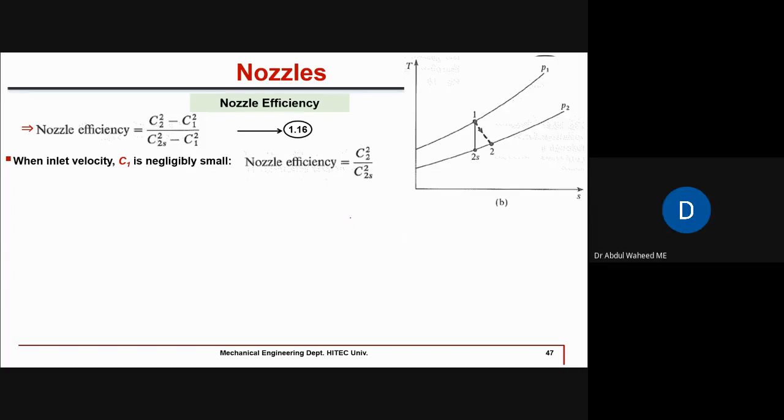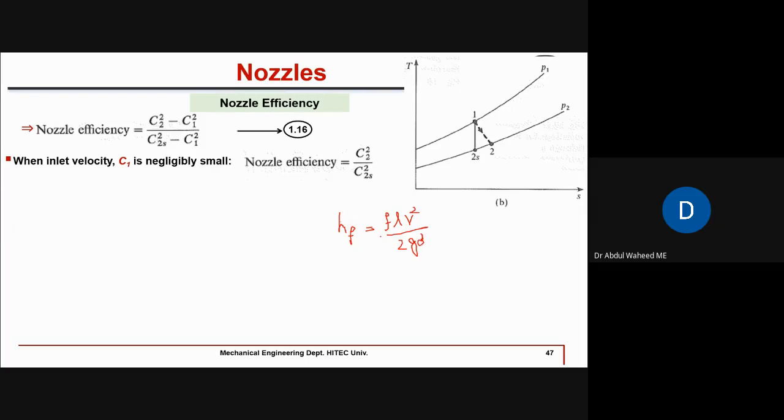Okay. There you also would have learned about Darcy's equation, about head loss for a fluid flowing through a pipe. That equation is f L V square over 2gD.